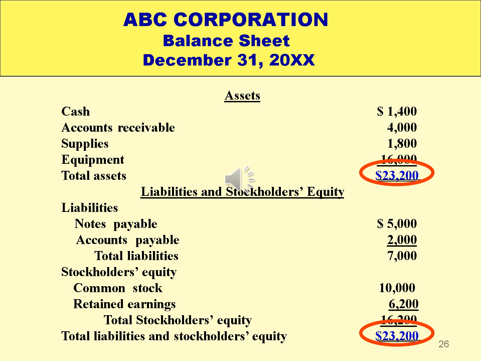Here's an example of our sample company, ABC Corporation's balance sheet at December 31st. Please note that the total assets, $23,200, equals the total of the liabilities and stockholders' equity of $23,200. We know our balance sheet is in balance. Woohoo! Now we are finished preparing the formal financial statements for the ABC Corporation.